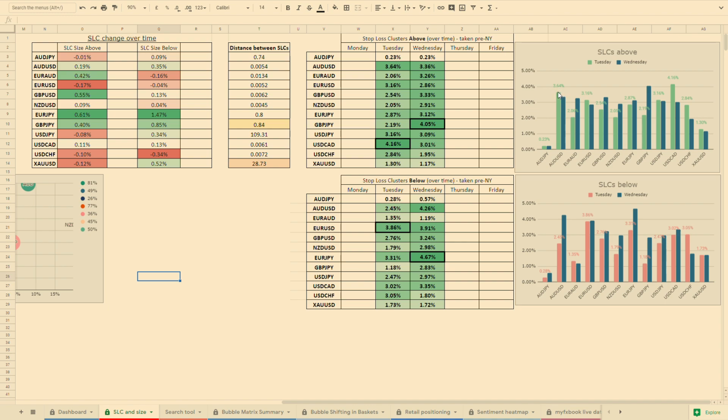Maybe it rallied yesterday and they got scared and then they got stopped out. And don't forget, they might not get stopped out. Sometimes they might just exit their position through frustration or panic or fear. They might not wait until they're stopped out. They might just exit. That's something to bear in mind as well.